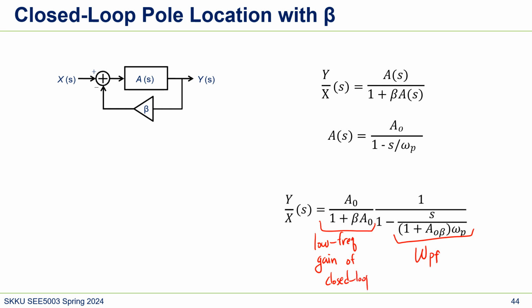So what it shows is that the feedback beta changes the bandwidth of this overall system.